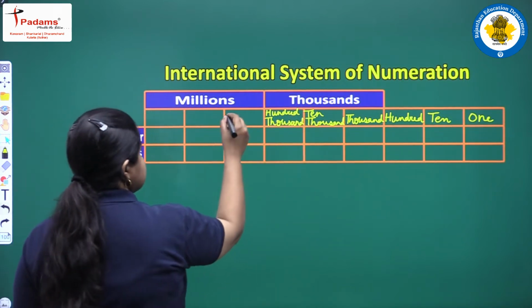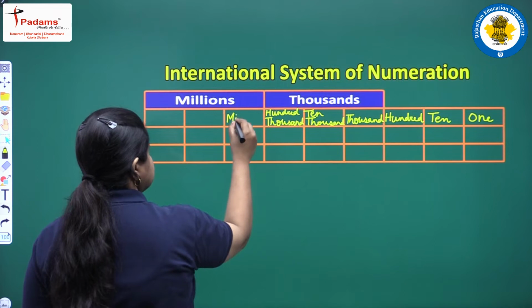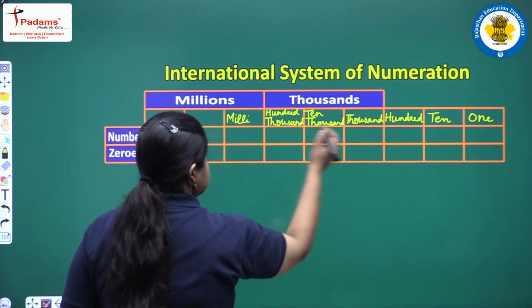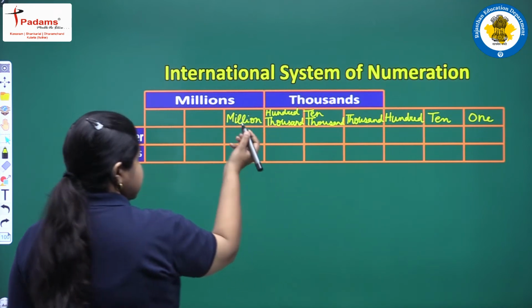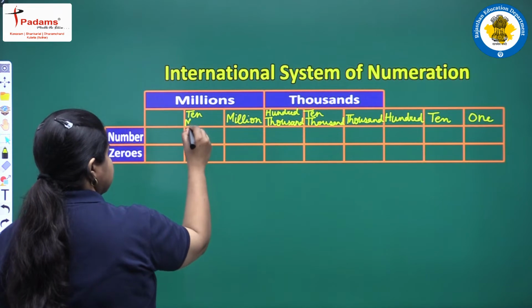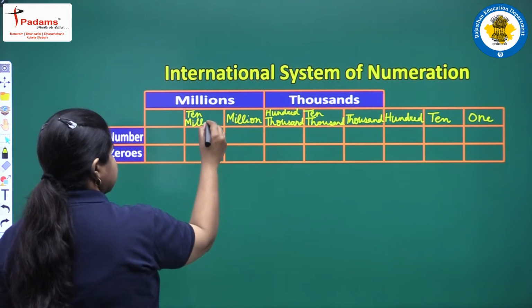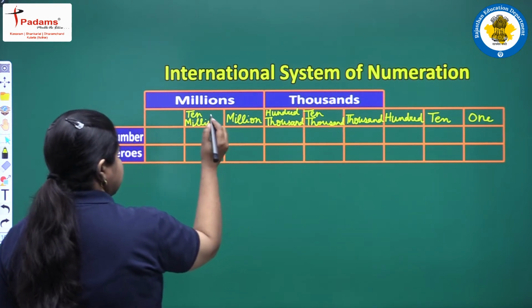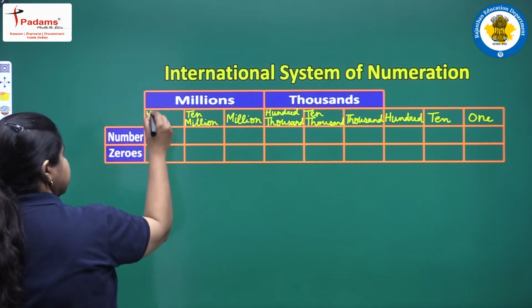Then next comes the million. Then comes 10 million. And then comes 100 million.